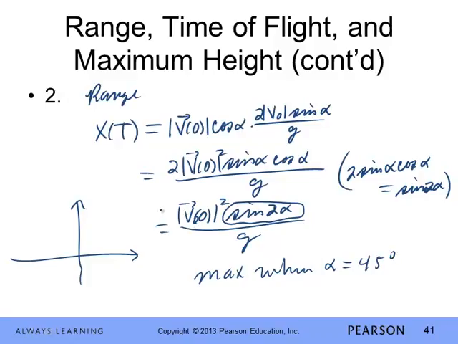Also, you could just take the derivative of x with respect to alpha, take x prime of alpha, set that equal to 0 and solve for alpha. You'd still get alpha equals 45 degrees or pi over 4.